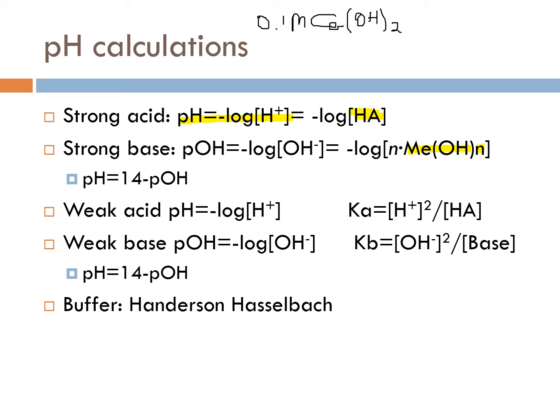What's the concentration of the OH minus? Because it's a strong base, it's going to be equal, up to a point, to the concentration of the base itself. So if the calcium hydroxide is 0.1 molar, what's the concentration of the OH minus?